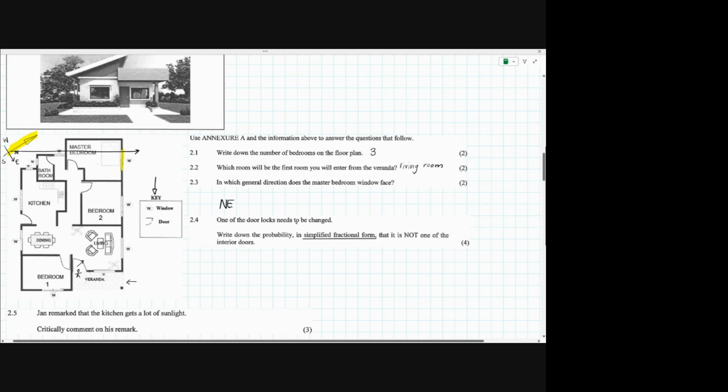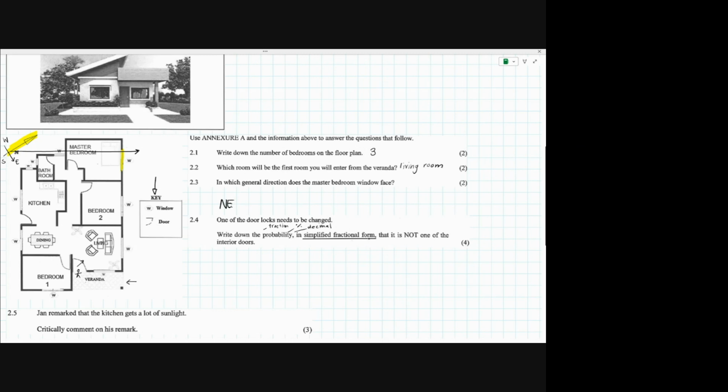So we know that a probability can be written as a fraction, as a percentage, or as a decimal. And they have very specifically told us that it must be in fractional form. So if it's not in fractional form, they are going to take off a mark. So just make sure that you are writing it down properly.